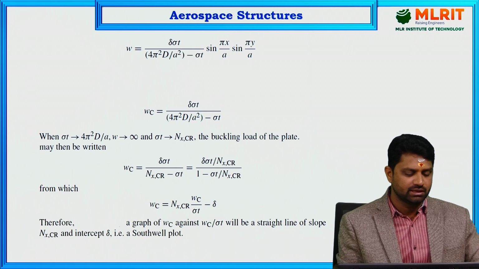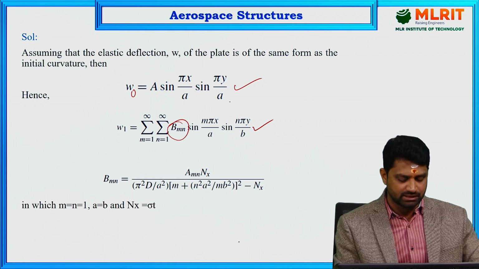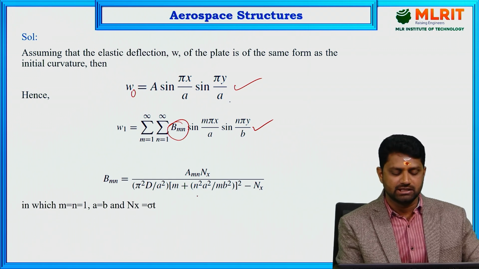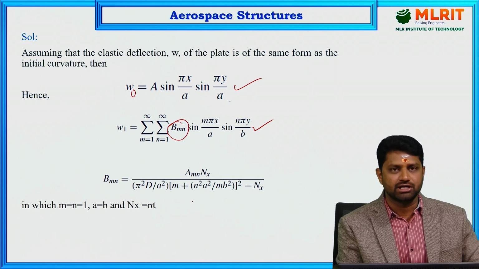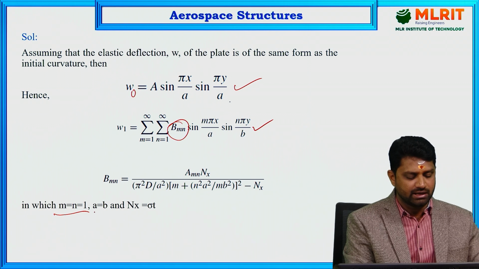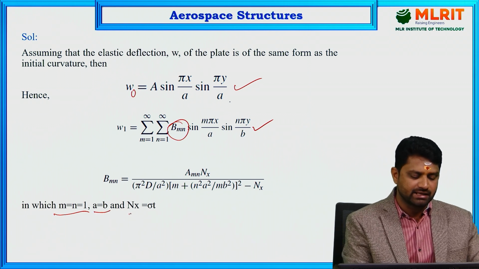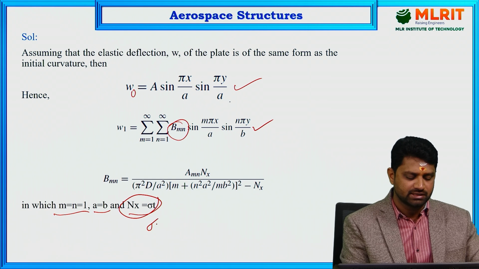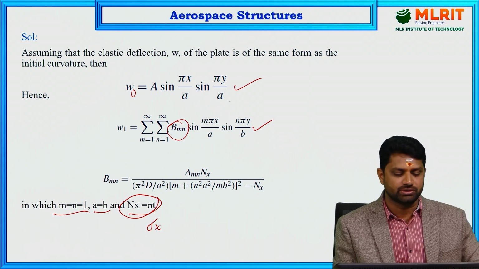We have seen the formula for Bmn in terms of Amn, that is Bmn equals Amn into Nx divided by pi square D by A square into (m plus n square A square by m B square) whole square minus Nx. You can assume m equals n equals 1 for a square plate, and A equals B also, because it is a square plate, and instead of Nx you can consider it as sigma, that is given in the question.